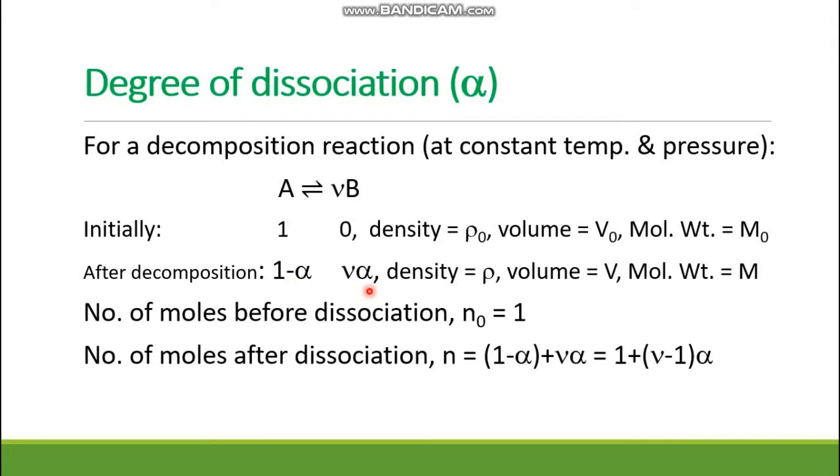Then the molecular weight is 8 into 48 plus 32 into 3, since oxygen O2 has 32, for 3 molecules of O2, and 48 into 8 for 8 molecules of O3.